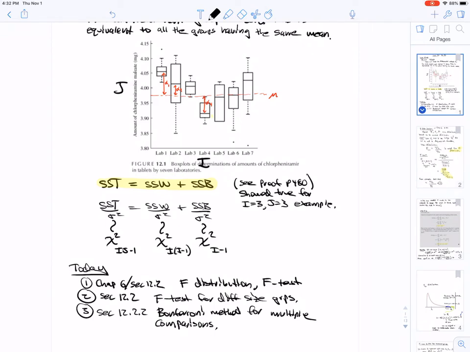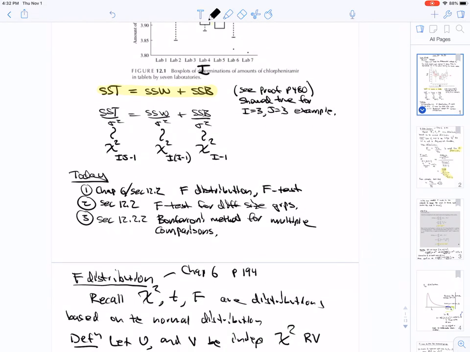We showed that the identity holds in that case, and furthermore, that SST over sigma squared is chi squared IJ minus 1, and SSW over sigma squared is chi squared I(J minus 1), and SSB over sigma squared is chi squared I minus 1. Today we're going to talk about the F distribution and the F test.